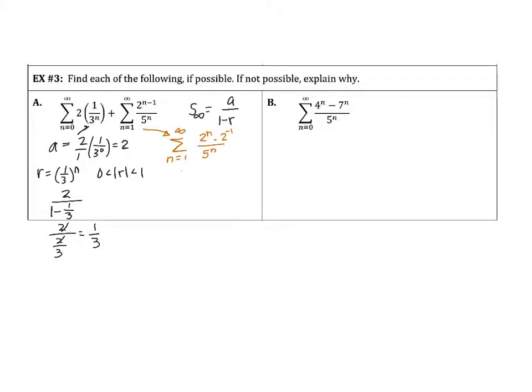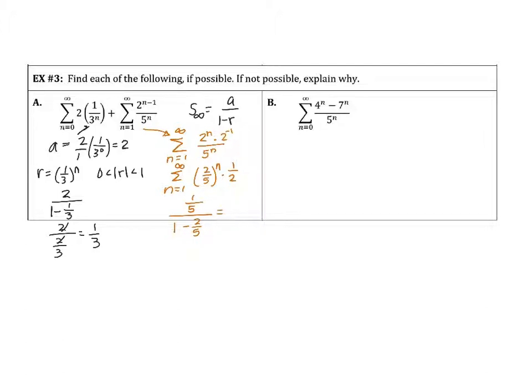And then that's going to be rewritten to be 2/5 raised to the n times 1/2. So that's going to help us here in our writing. So we can pick out our first term. Looks like it's going to be 1/5. So I have 1/5 over 1 minus our ratio. And we can see from here our ratio is going to be 2/5.